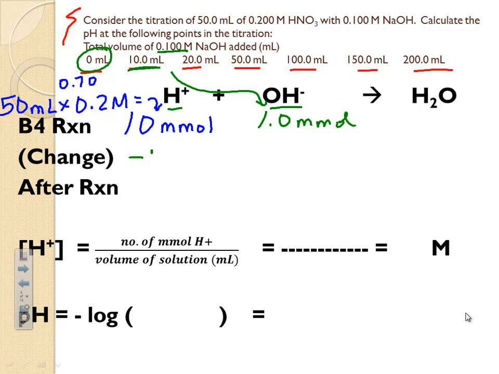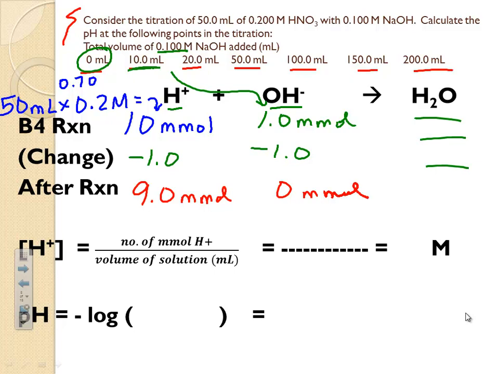So we're going to wind up with a change of minus that 1, minus that 1. We basically don't care about the water at all. So we're going to have an after here of 9 millimoles and 0 millimoles.